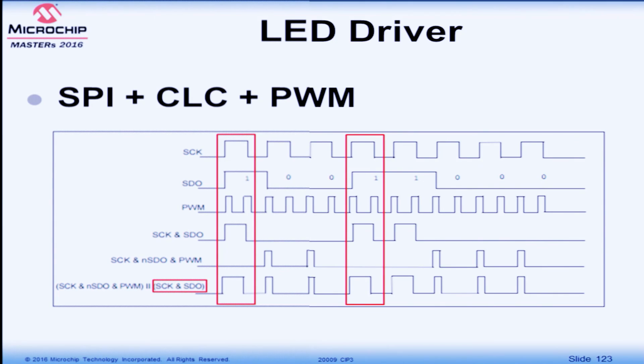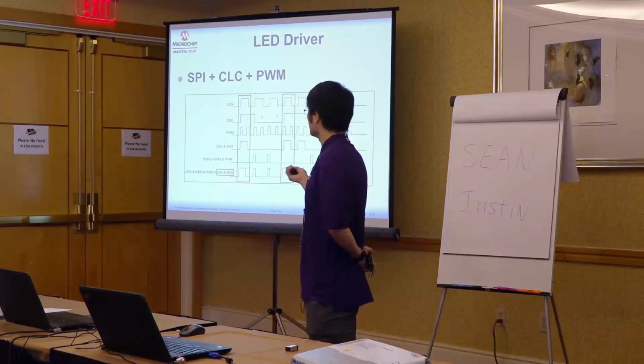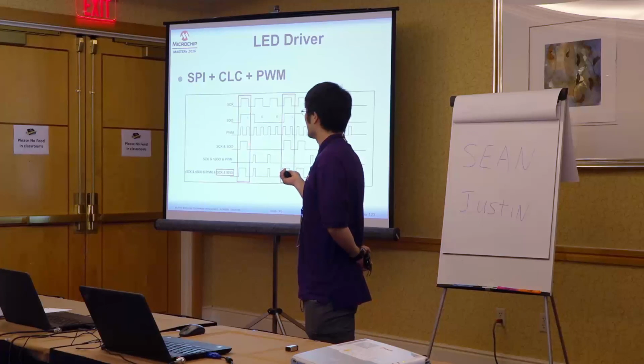Make sense? All right, so for example, I have some waves showing up here. I have logic 1s which I want to put on the data line. All I have to do is AND my data with my clock. Then I get a 50% duty cycle.